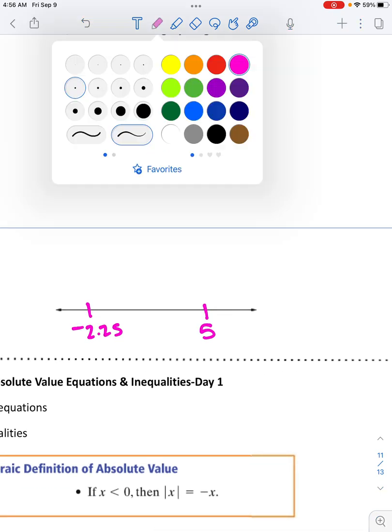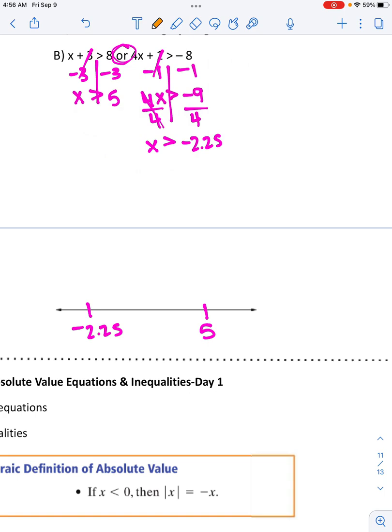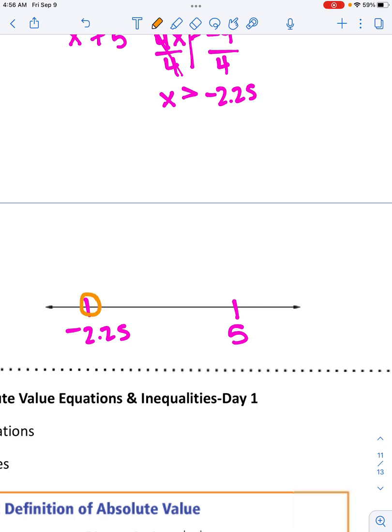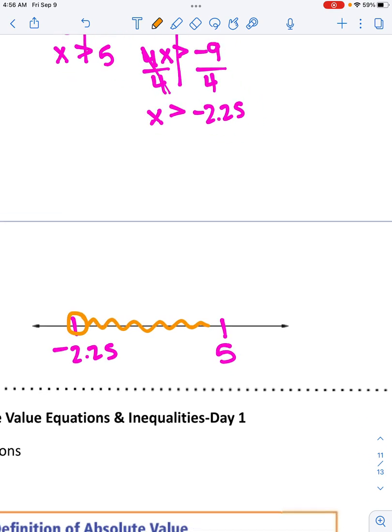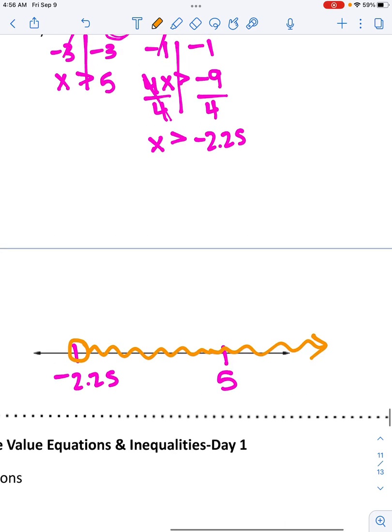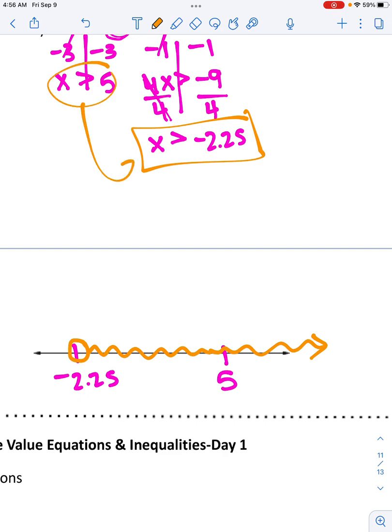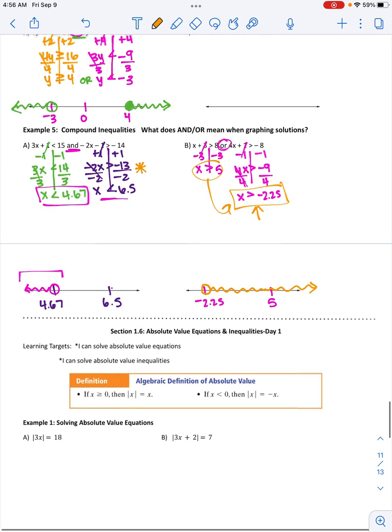Since it's an "or", whatever either of these hit counts, so we're not just looking for overlap. So x greater than negative 2.25 goes this way. x greater than 5 just continues past. And we would include both spaces. So basically we would just focus on that one because this one lives inside there. So we only would technically need to write that one there.